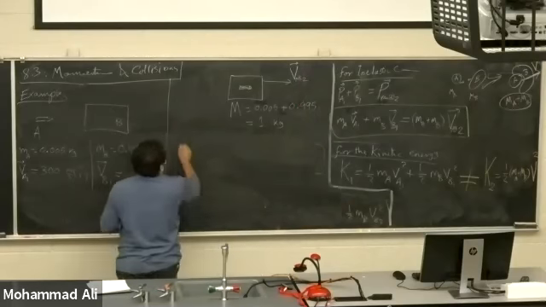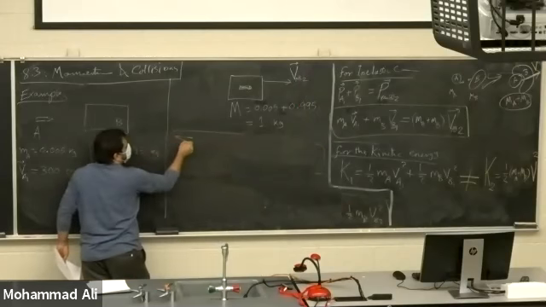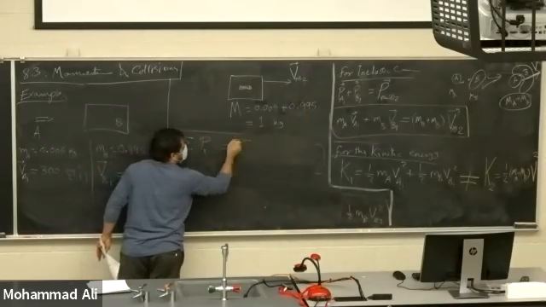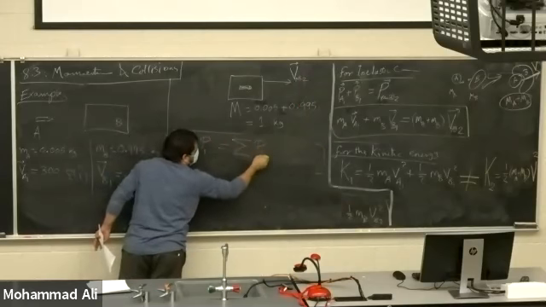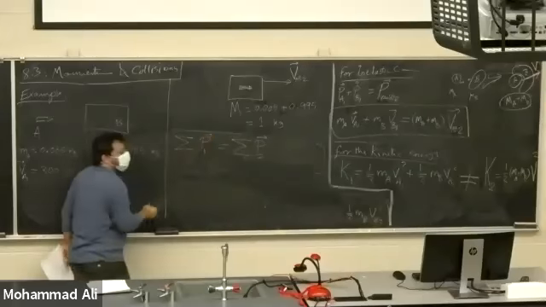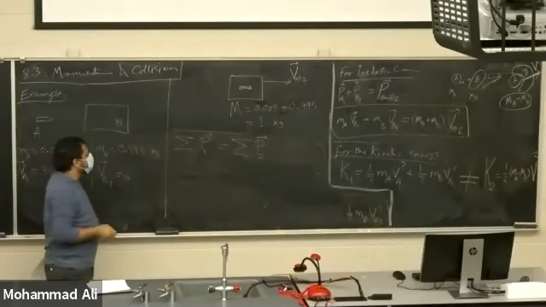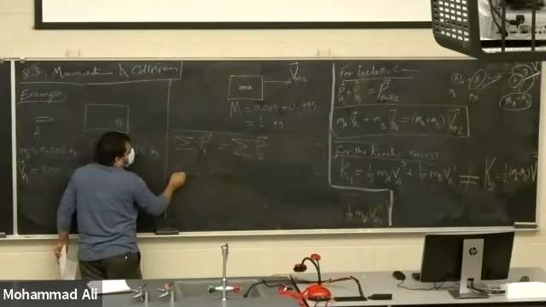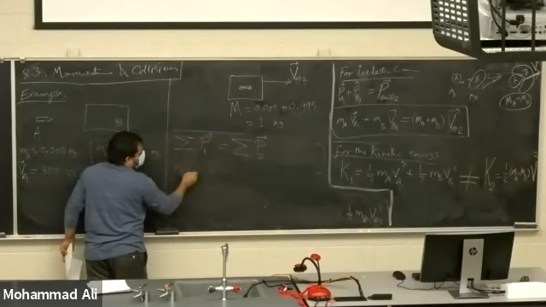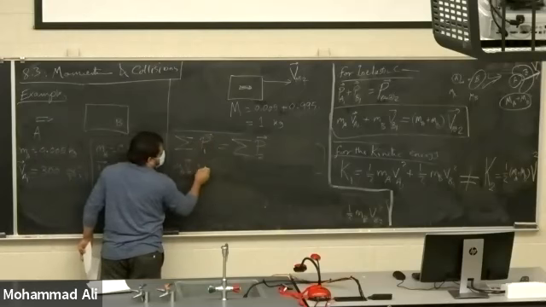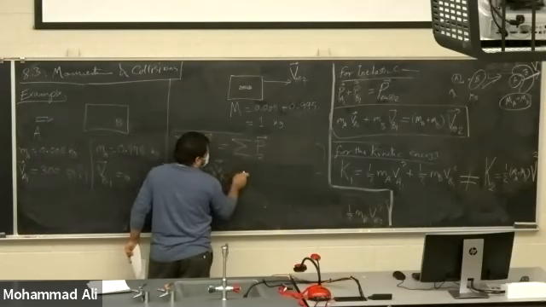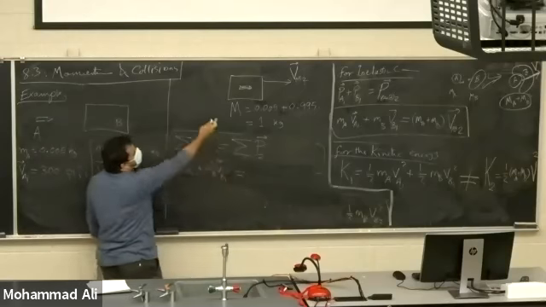Now, for the momentum, we are sure that the momentum before is equal to the momentum after, as a vector quantity. The momentum before is MA VA before plus MB VB before, which is equal to the momentum after.